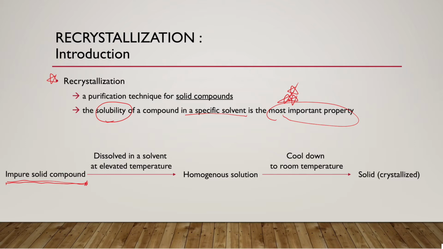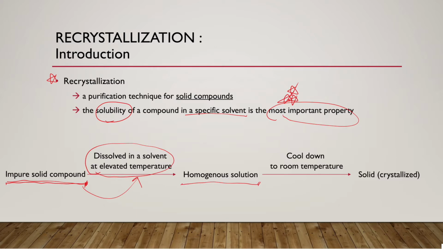Once we find a suitable recrystallization solvent, we're going to dissolve this compound at elevated temperature. So basically we're going to try to dissolve this compound in boiling solvent. Once these impure compounds are dissolved in the solvent, in the boiling condition we obtain this homogeneous solution.